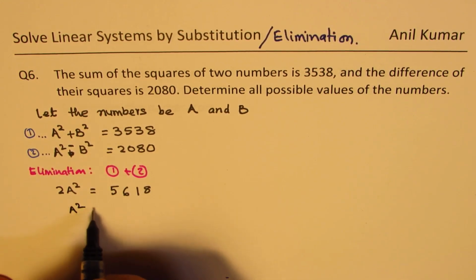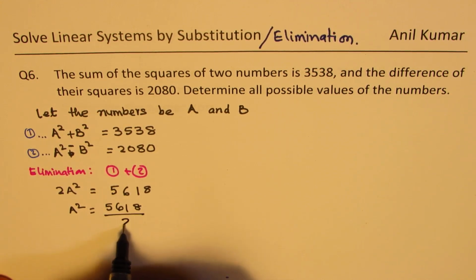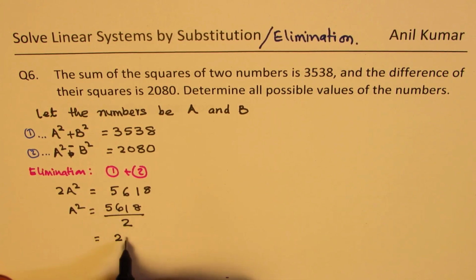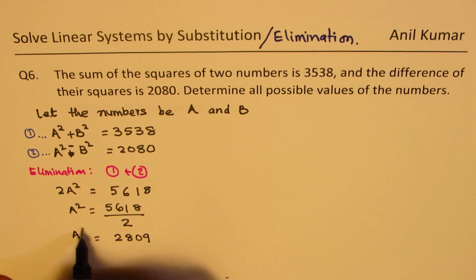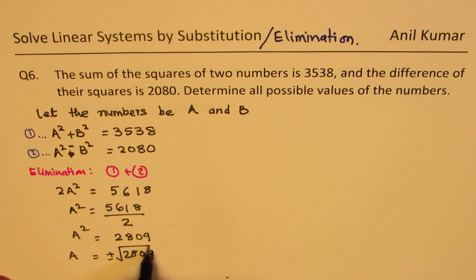Now we can say A square is 5618 divided by 2, which is 2809. A square is 2809. So the value of A will be plus minus square root. Whenever you do square root, you have to take both positive and negative values, right?